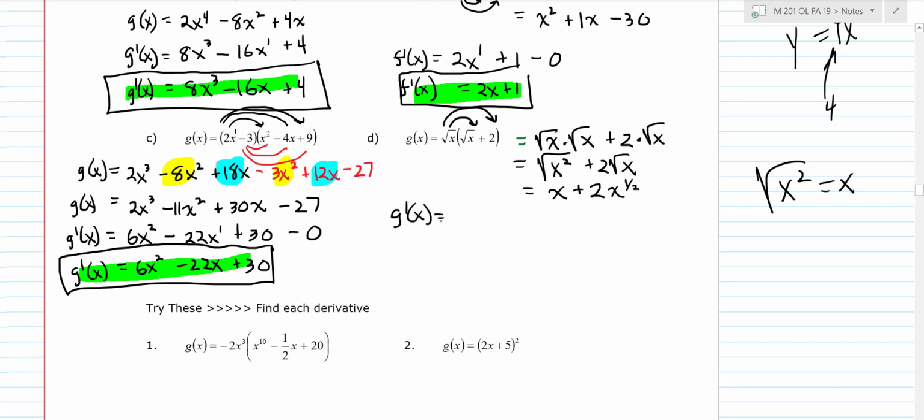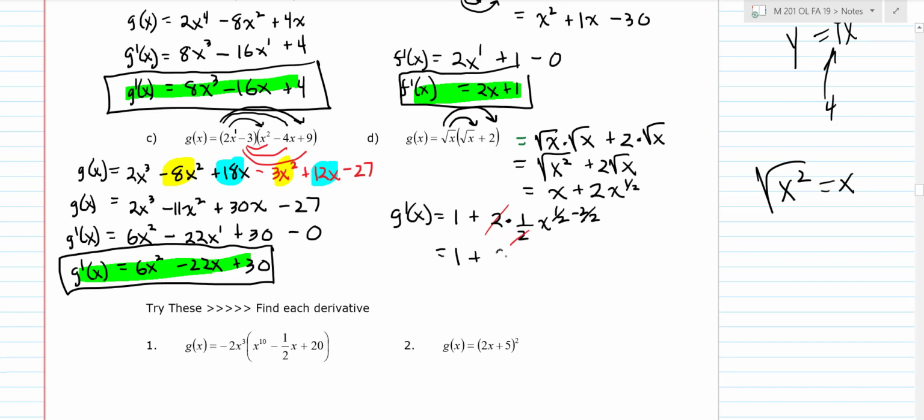Okay, so now we just crunch out the derivative. So the derivative of x, that's a linear term. The number in front is 1. Same thing here. That's a constant. Write it down. Do the power rule. That's 1/2. X to the 1/2 minus 1. So I use 2 halves. So this would be 1 plus 2's cross out.